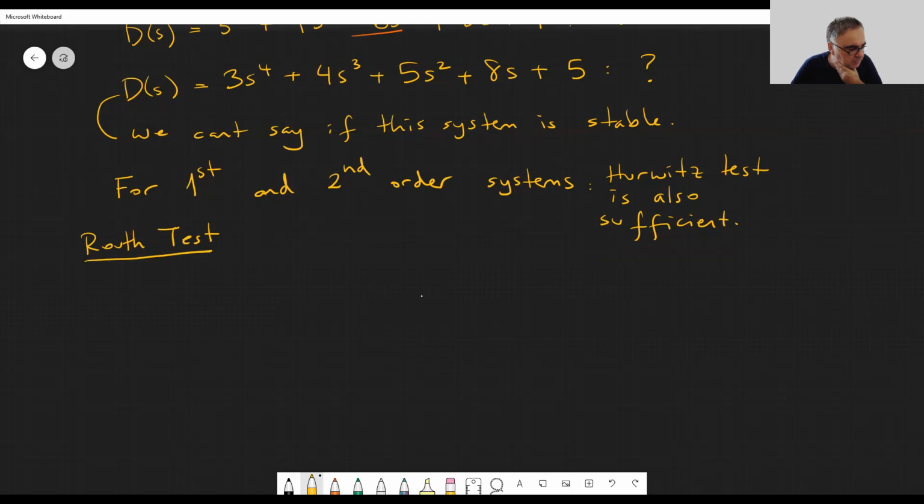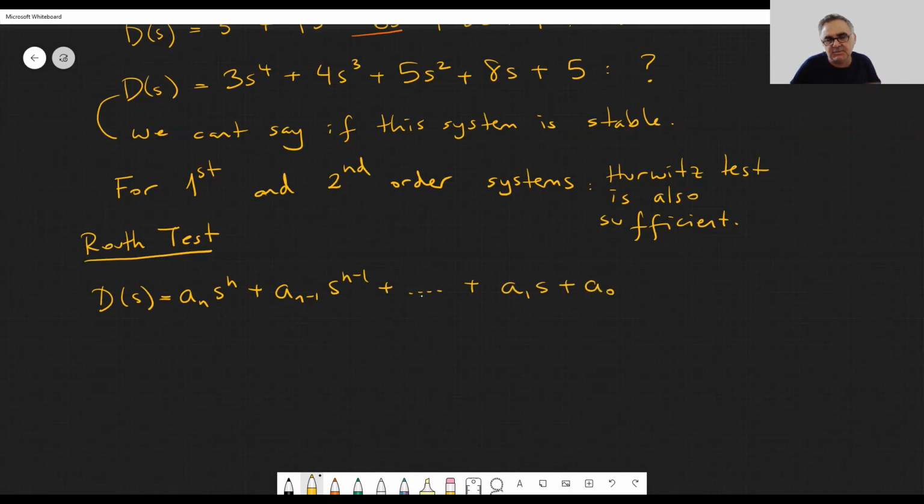We have to generate an array from our system. Let me see. Let's say that again, D(s), the denominator of our system, is a_n s^n + a_(n-1) s^(n-1) + ... + a_1 s + a_0.